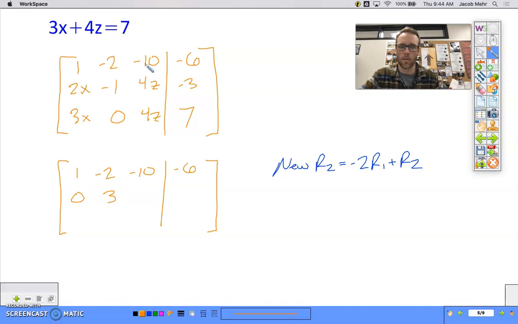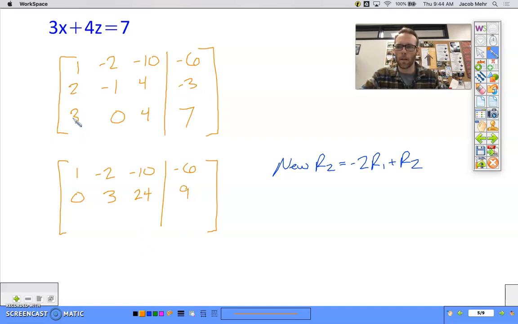We're going to take -2 times -10, which is, my goodness, I put variables in here all over the place. I apologize. There we go. We're going to take -2 times -10, which is 20, plus 4 is 24. -6 times -2 is 12, plus -3 is 9.